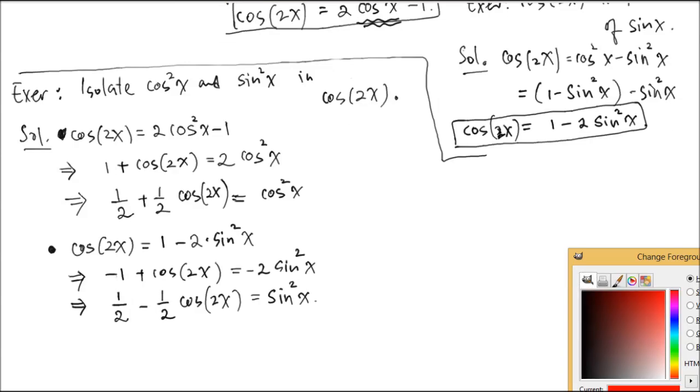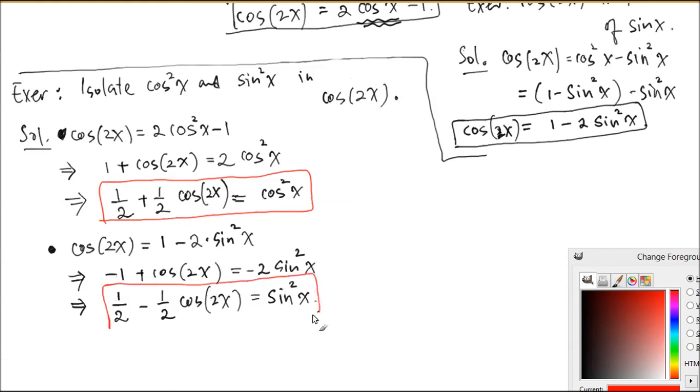Right? Was it okay? So here is my first answer. Cosine squared x, when it is isolated, looks like this: 1/2 plus 1/2 times cosine 2x. When sine squared x is isolated, it looks like this. It all came from these identities, 2 cosine squared minus 1, 1 minus 2 times sine squared.